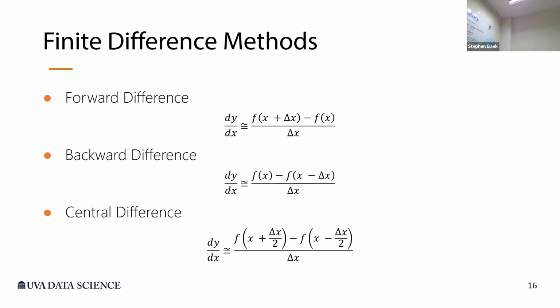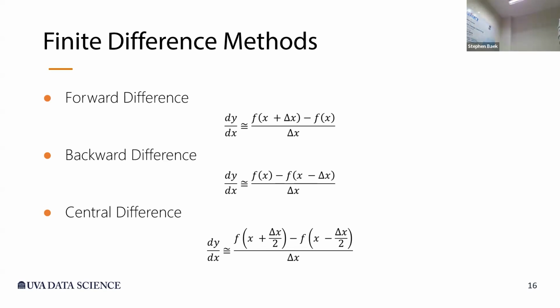Then it's going to be exponentially many combinations that you have to evaluate. The situation with the forward difference and the backward difference is slightly better, but not terribly better, because again, you have to evaluate the function value at the forward point, and then subtract the value that you already know, divided by delta x.